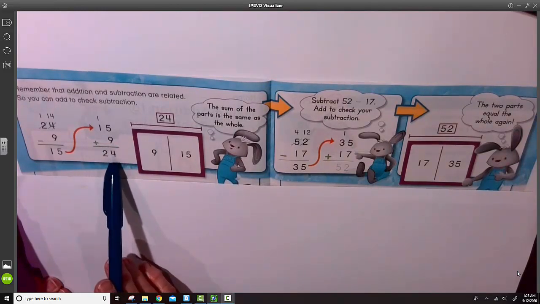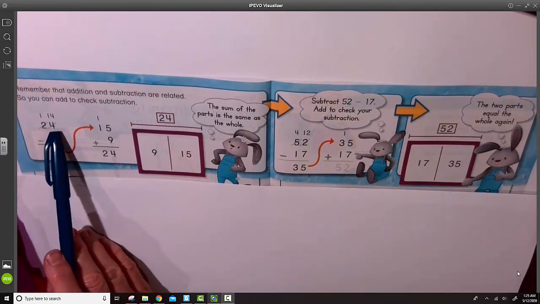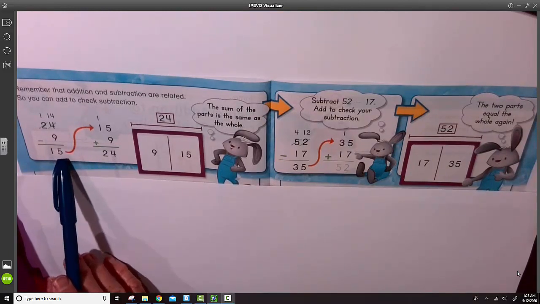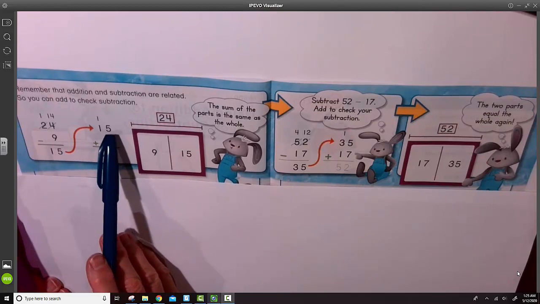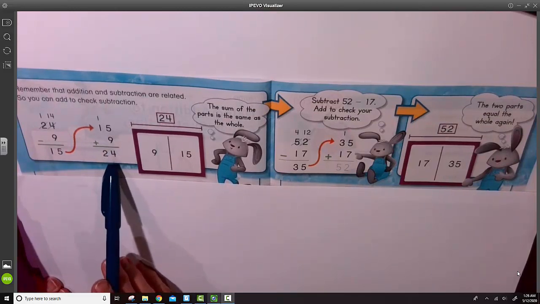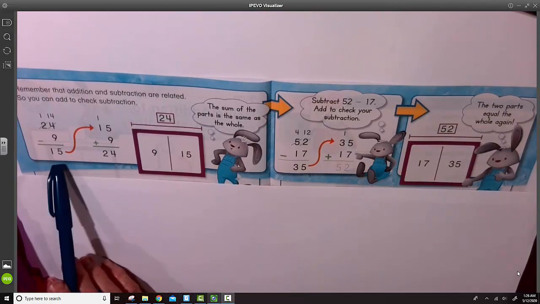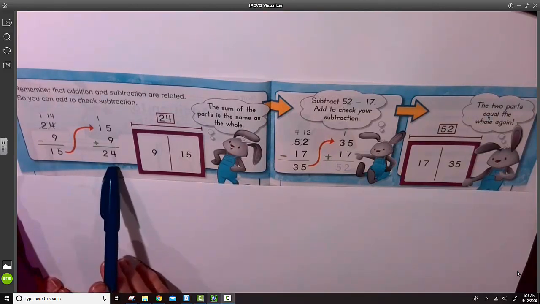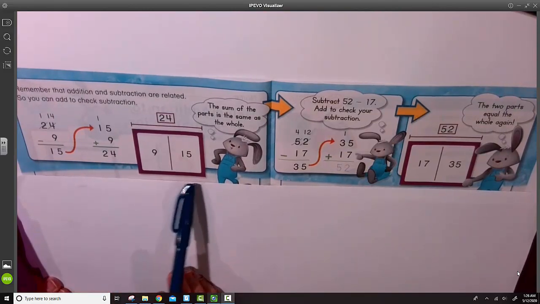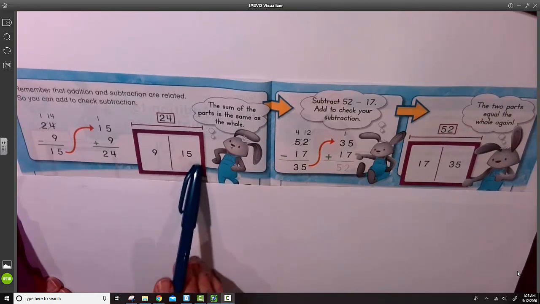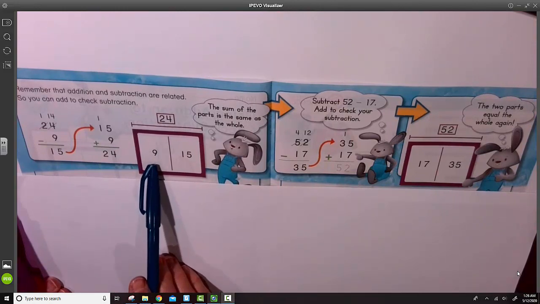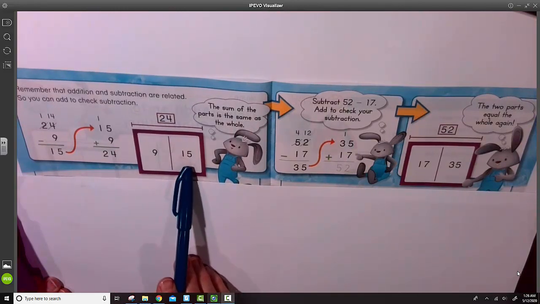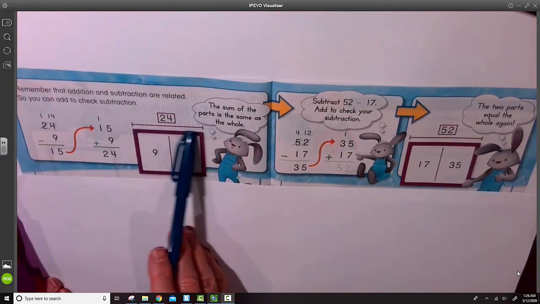The minuend was 24. 24 minus 9 equals 15. 15 plus 9 equals 24. This would be part of a fact family, and we've used that before. So in our partitioned rectangle here, we see that if 9 is added to 15, the total will be 24.